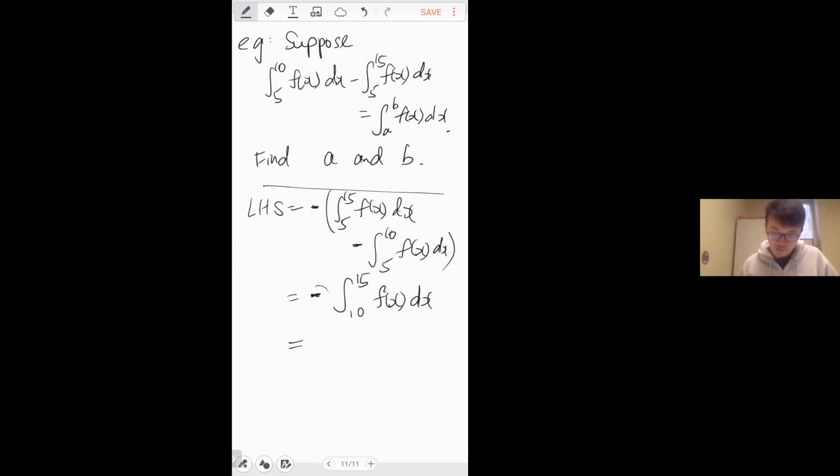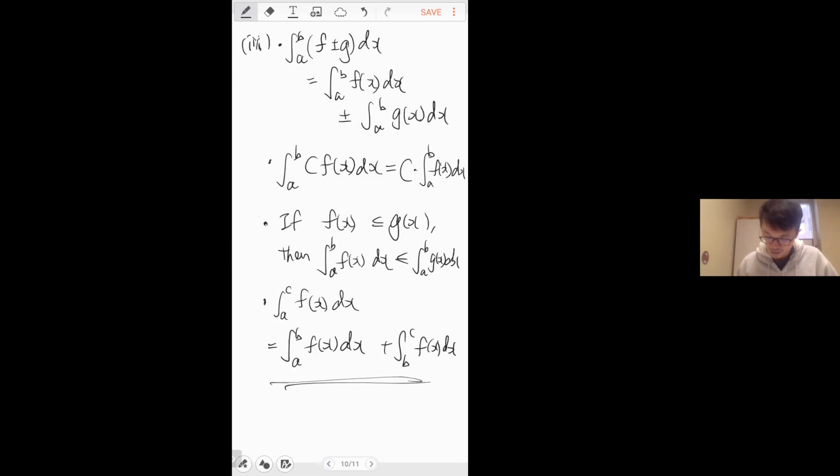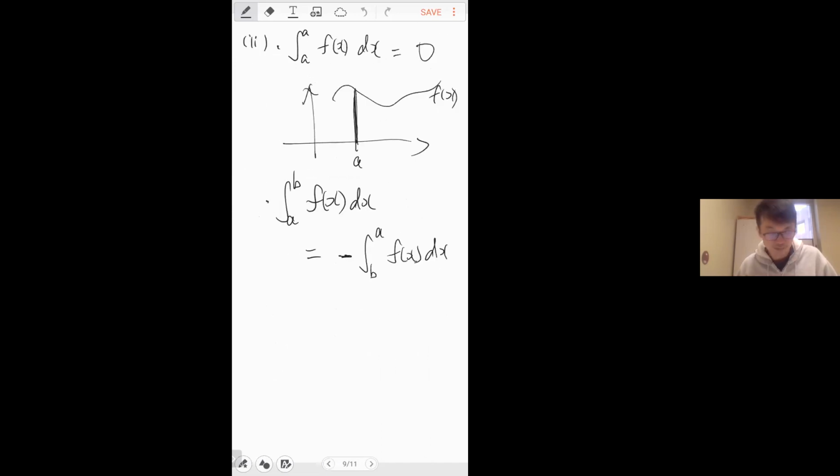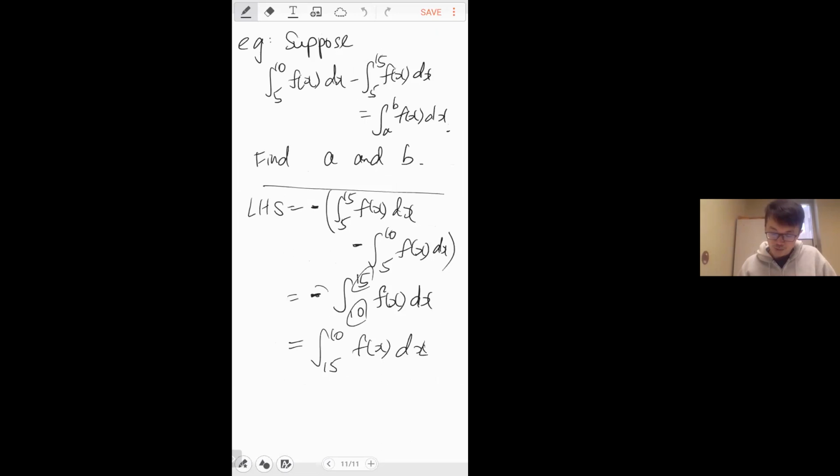If you have a negative sign, that means I can switch the two limits and the integral would become positive, right? That's what we mentioned here. If you want to switch the lower limit and the upper limit, you put a negative sign.